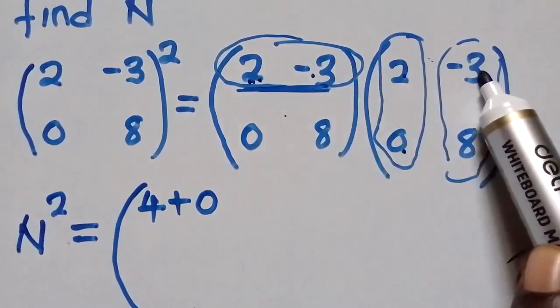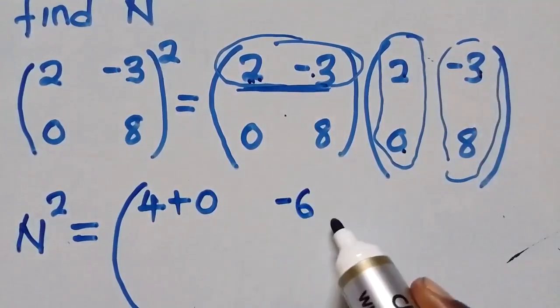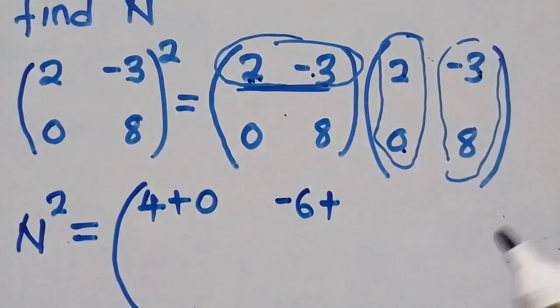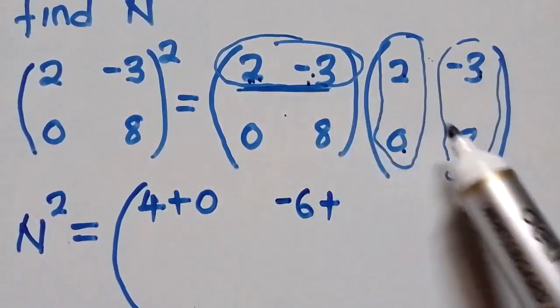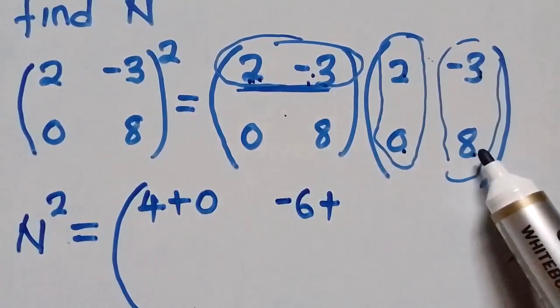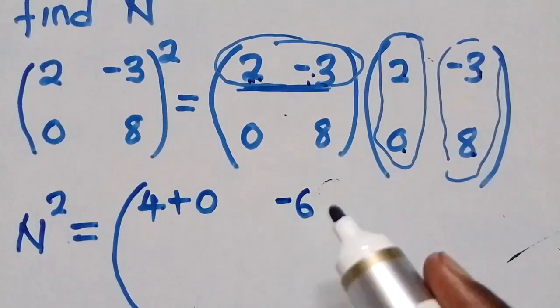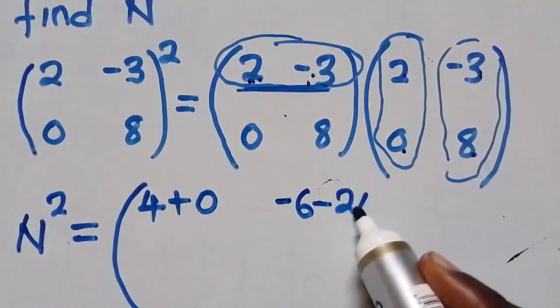2 times negative 3, that's negative 6. I say plus negative 3 times 8, that is negative 24, since positive times negative is negative. So negative 24.